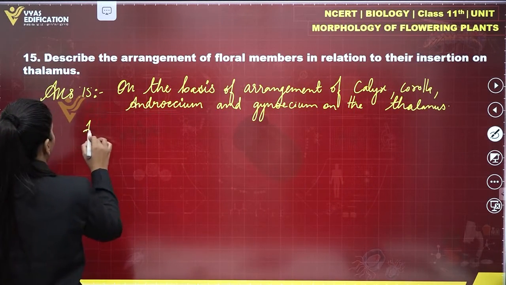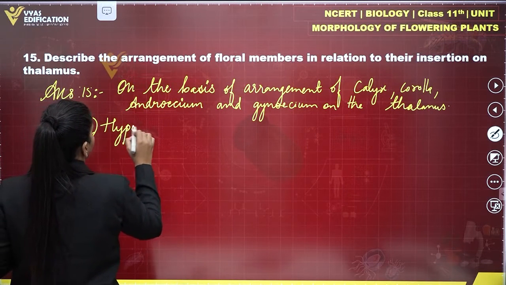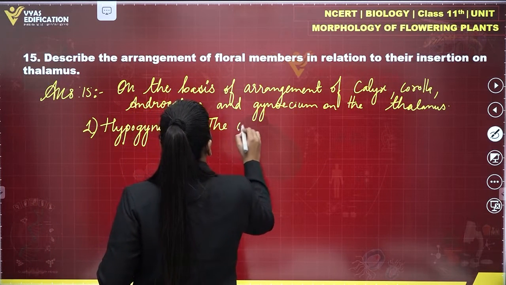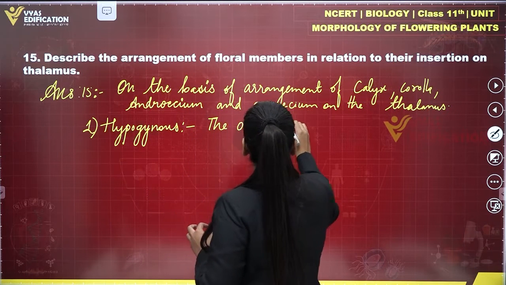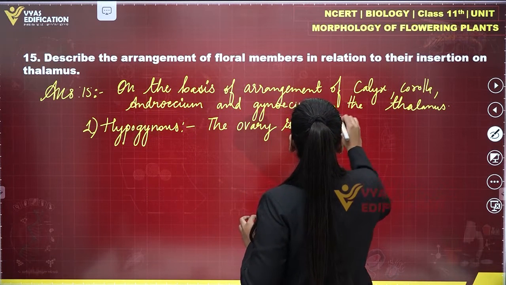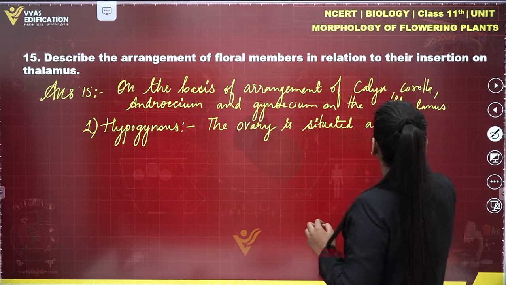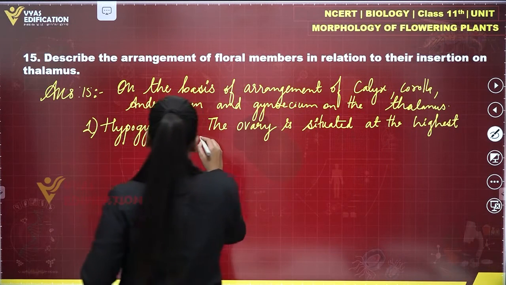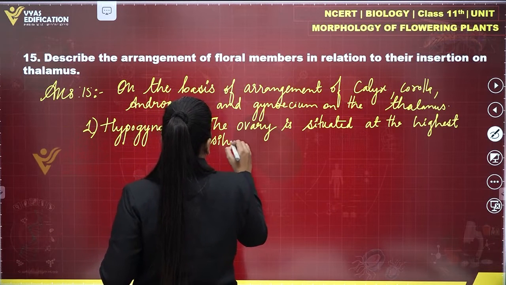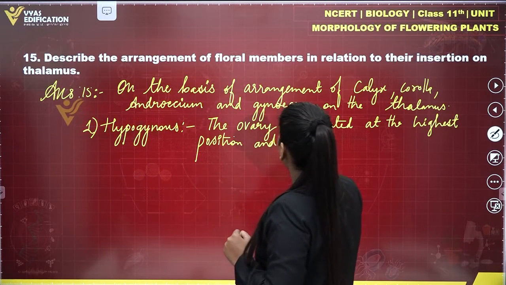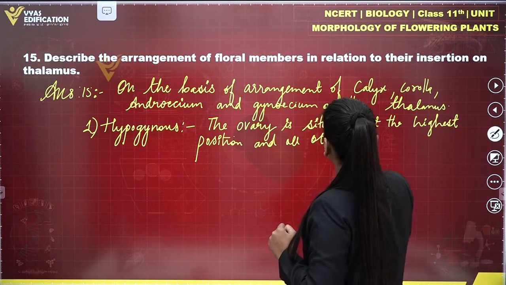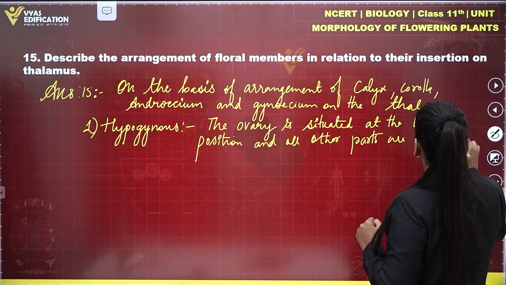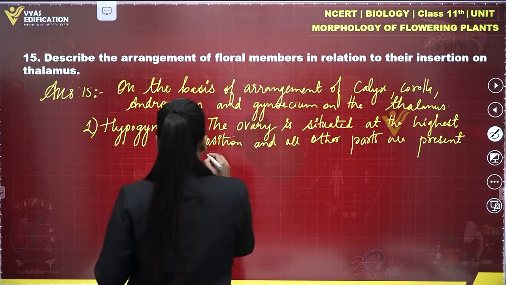So first we are going to talk about hypogynous. The ovary is situated at the highest position, and all other parts are present just below the ovary.